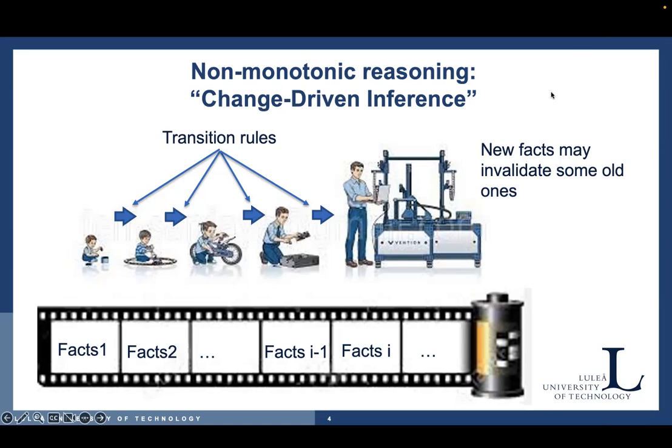If we consider our world in continuous time, then at each given time, the situation is described through a set of facts, but then there are points in time when we add new facts and we need to revise this rule.